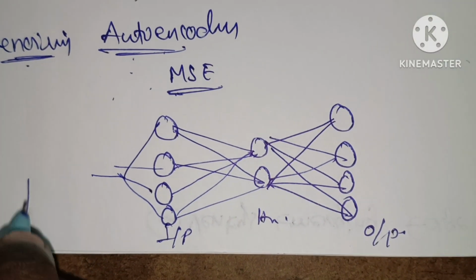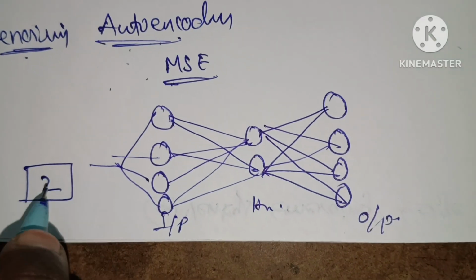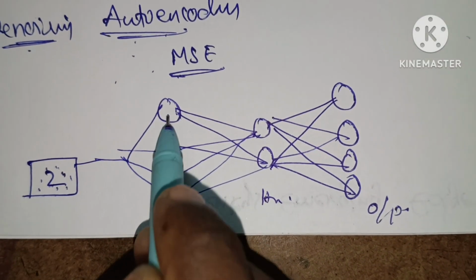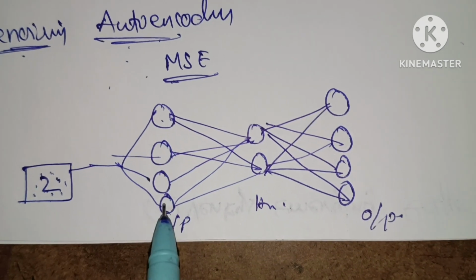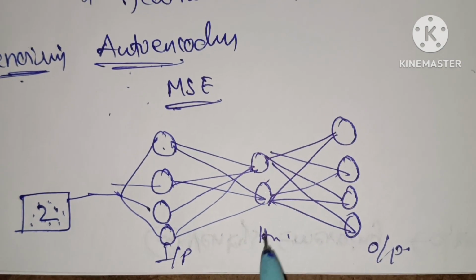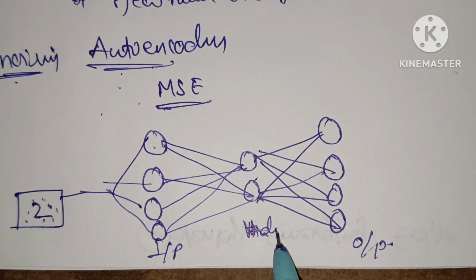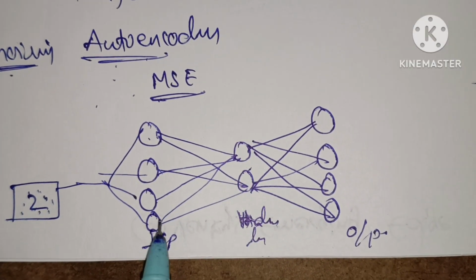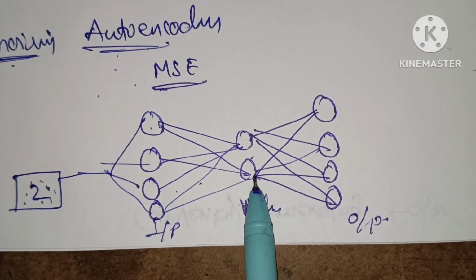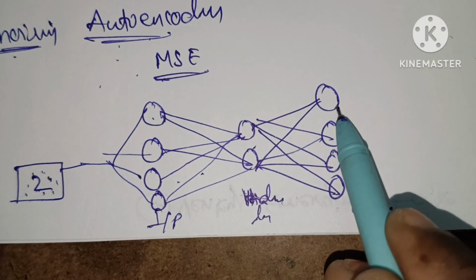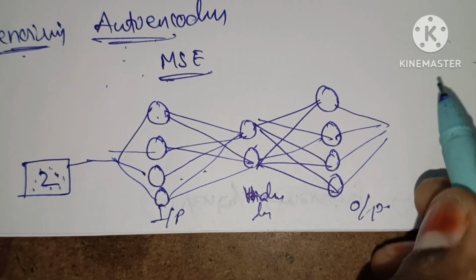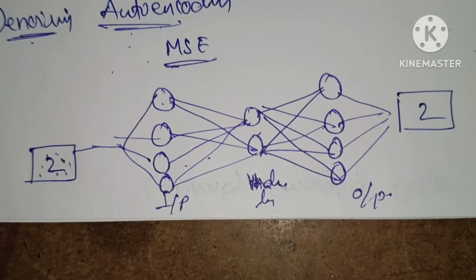The input is given like some number 2, but it contains some noise. It's given to the first input layer. Next go to the hidden layer, a smaller size hidden layer. Then again encoding, smaller size, decoding. Finally we get the final output. Then the output removes the noise, and we get a 2.